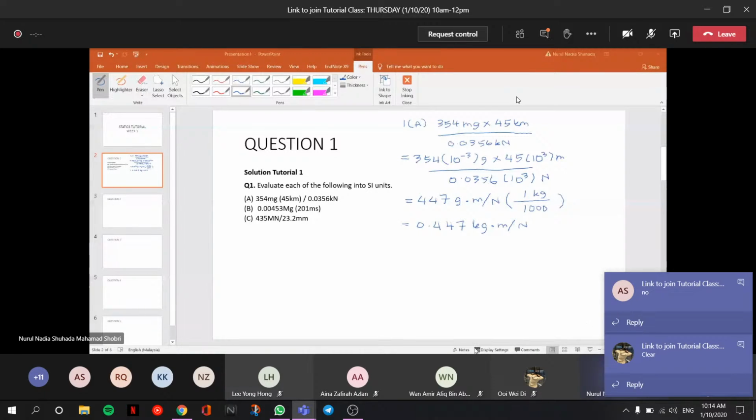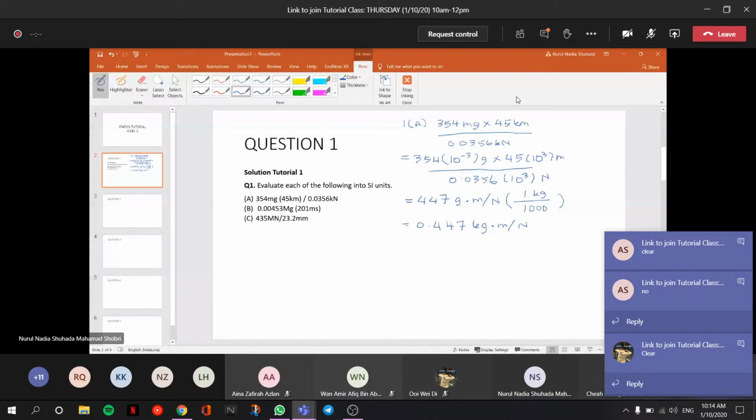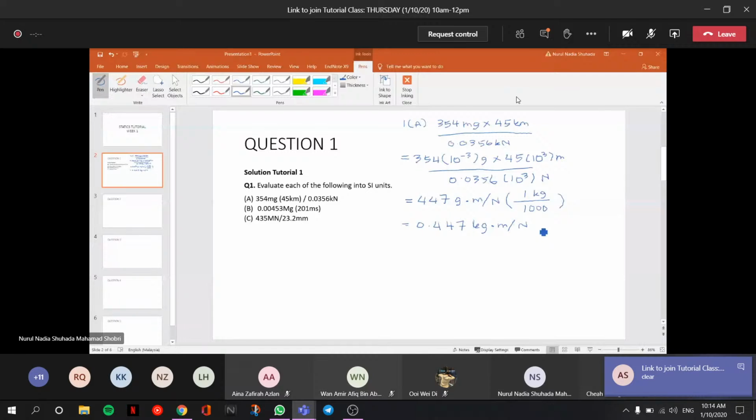No. Okay. Miss, do we need to change the Newton into kg meter per second square? No need, because Newton is equal to kg meter per second square, yes.